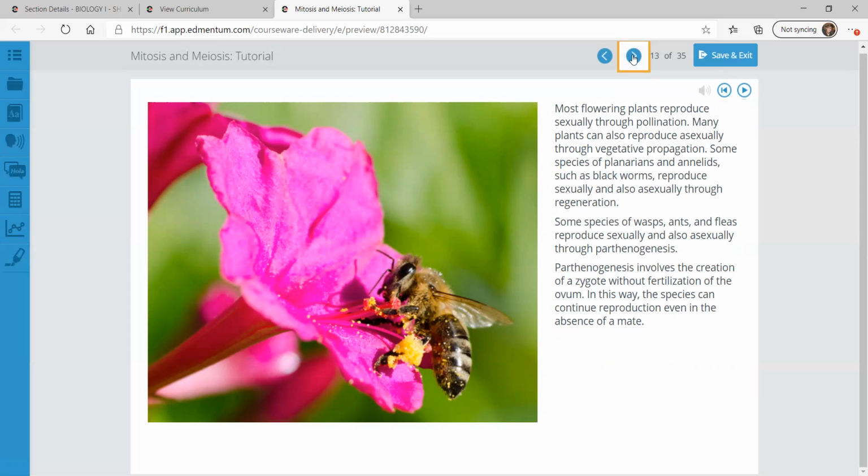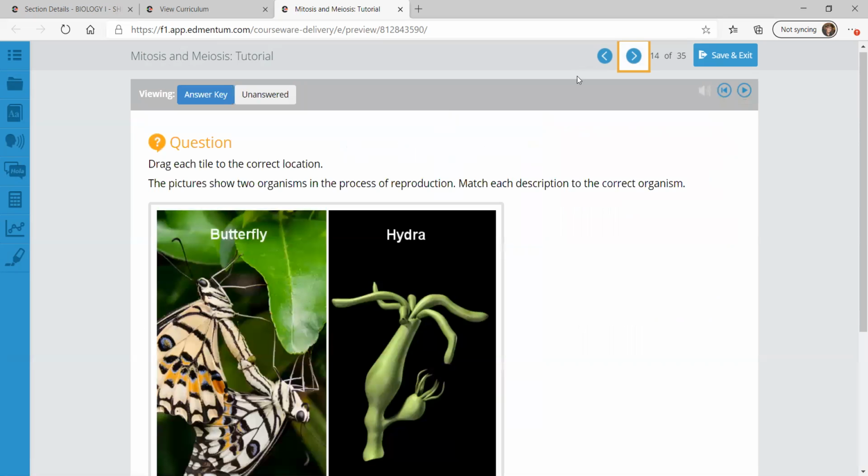Parthenogenesis involves the creation of a zygote without fertilization of the ovum. And in this way, the species can continue reproduction even in the absence of a mate. Here we have a honeybee, or a bumblebee, pollinating a flower.